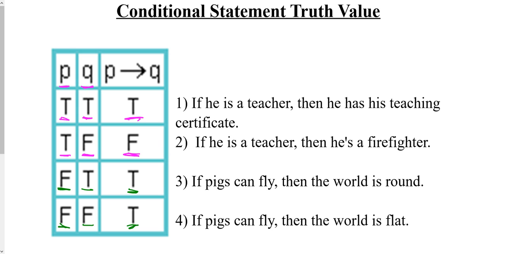But we don't know if pigs can fly, or here in number 4, if pigs can fly. So in our world, in our reality, pigs cannot fly. But if we were in some reality where they could, we don't know what the result of the world would be, so we assume that it has a truth value of true until we can prove otherwise.